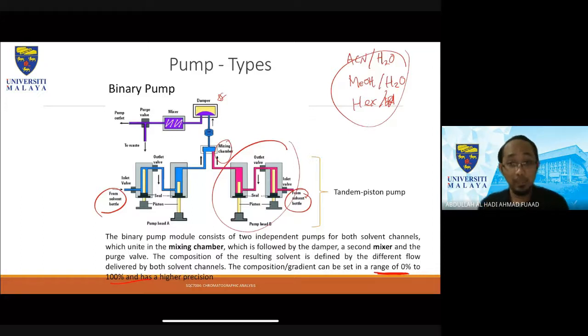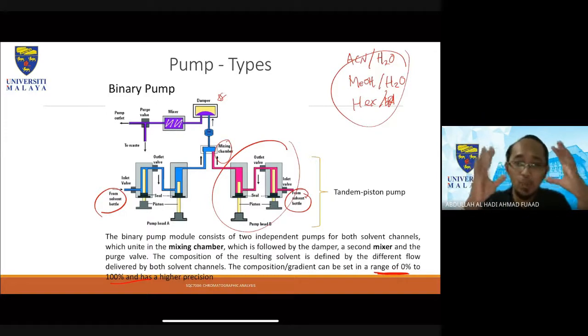Then you can use it, but isocratic flow normally takes longer in comparison to a gradient analysis. Again, it depends on the solvent system that you're using. If you were to use isocratic flow using hexane, it might be better than using a gradient range for acetonitrile in water. Okay, so at the end of the day, it depends on your sample, column, solvent system, and so on and so forth.